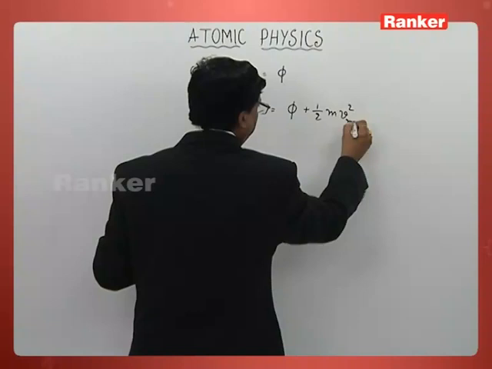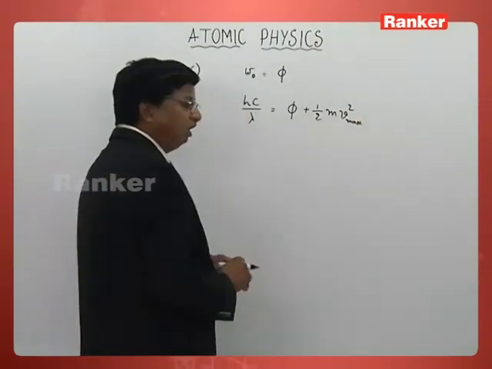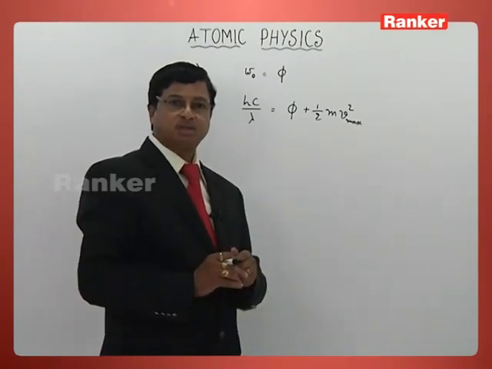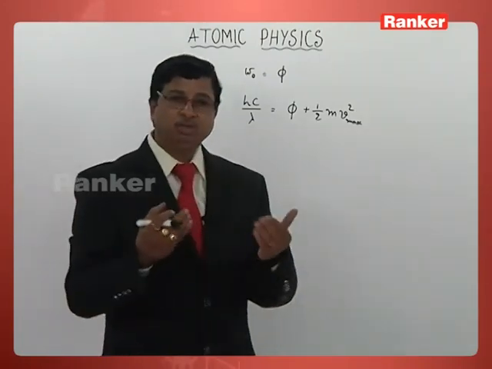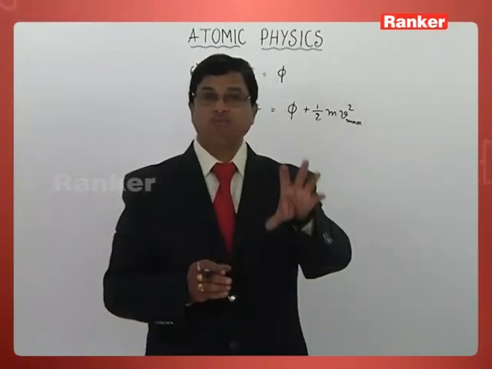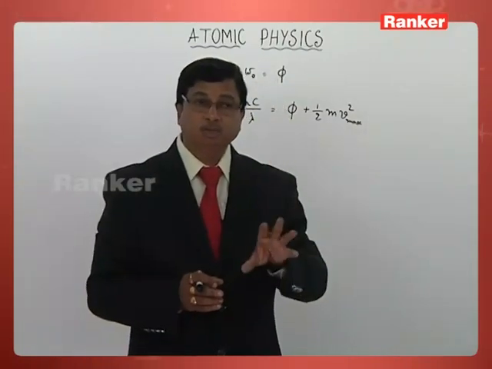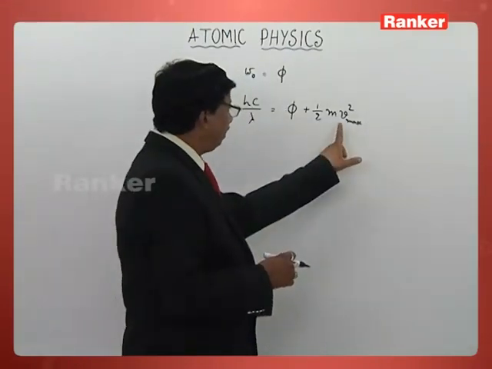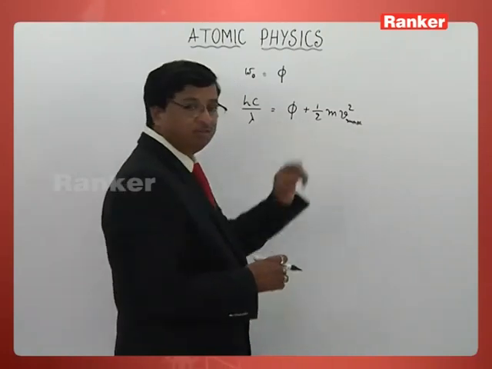That is the formula. That v he is talking about is the maximum velocity. When kinetic energy of the electron emitted is maximum, automatically the velocity of that emitted photoelectron also will be maximum. So he is asking us to calculate this velocity from this data.